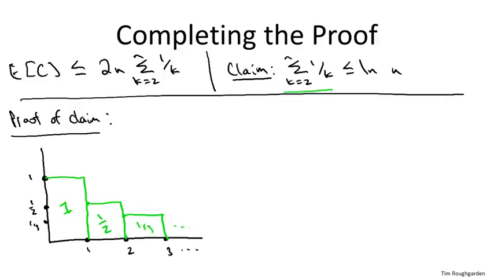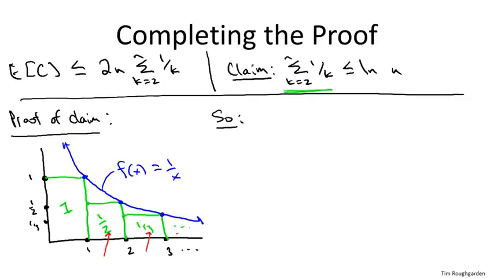And now I'm going to overlay on this picture the graph of the continuous function f of x equals 1 over x. So notice that it is going to go through these three points. It's going to kiss all of these rectangles on their upper right corners. Now what is it we're trying to prove? The claim we're trying to prove is that this sum of 1/2 plus 1/3 and so on is upper bounded by something.